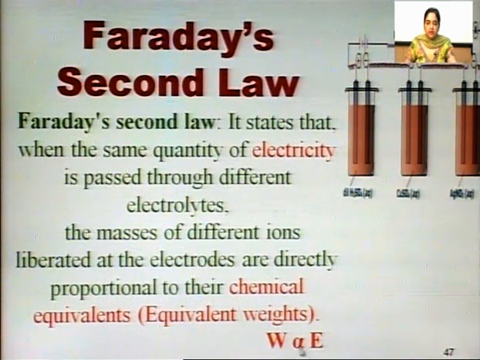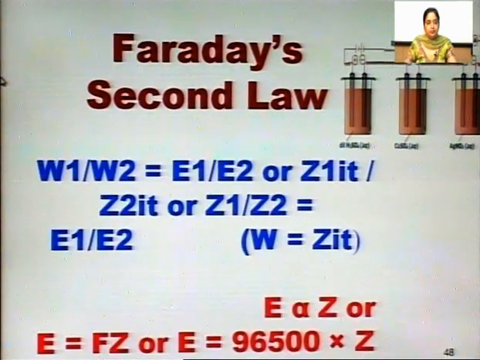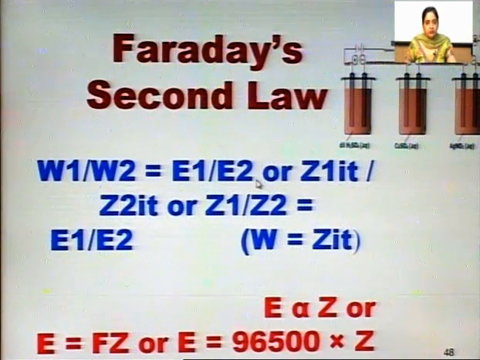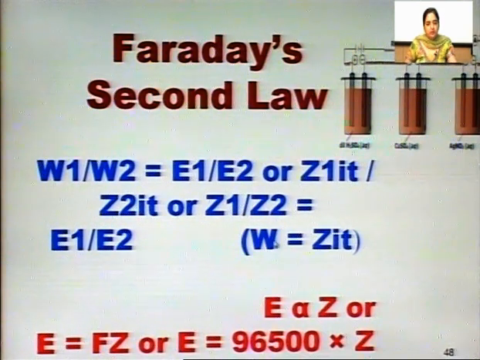So W is directly proportional to E. So W1 over W2 is equal to E1 over E2. Putting the values, W is equal to ZIT, so Z1IT over Z2IT, or Z1 over Z2, is equal to E1 over E2.